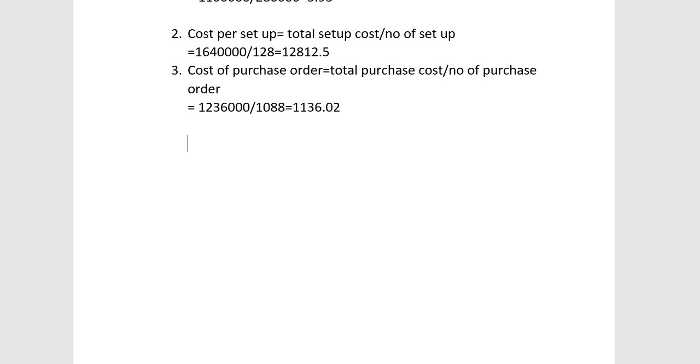Now we are going to write the statement showing overhead cost under the ABC, activity based costing method.